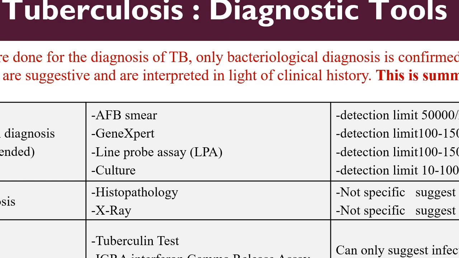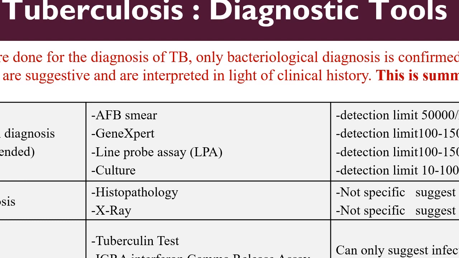Then there is a molecular test, the GeneXpert test. It has a detection limit of 100 to 150 per ml. The line probe assay, which again has a similar detection limit, and the culture, which is the gold standard, has a detection limit of 10 to 100.